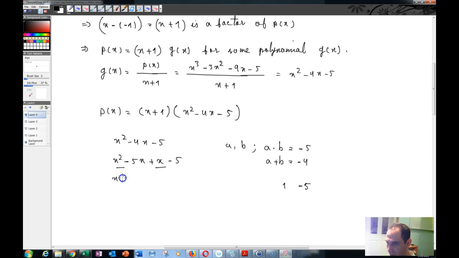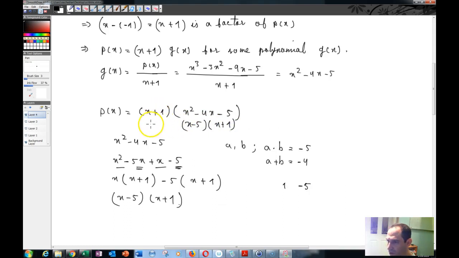And I take these two together, I take an x out, so x plus 1. And I take a negative 5 out from these two, and that would be x plus 1. So that would be x minus 5 times x plus 1. So I can write this polynomial as x minus 5 times x plus 1 times x plus 1.